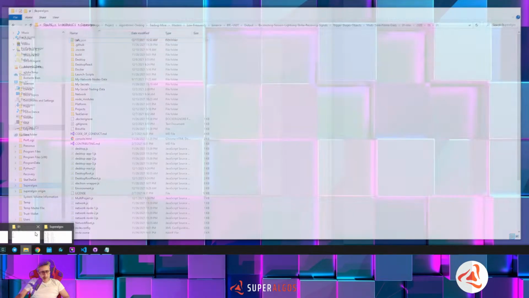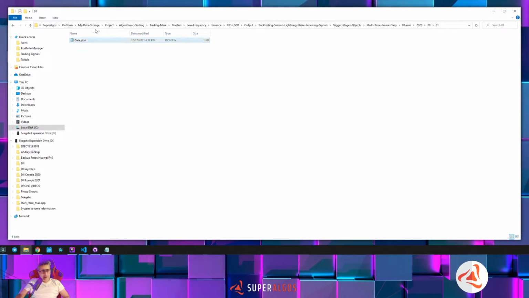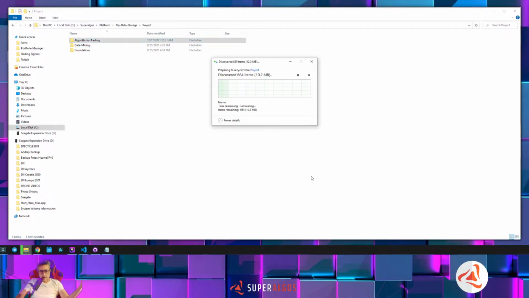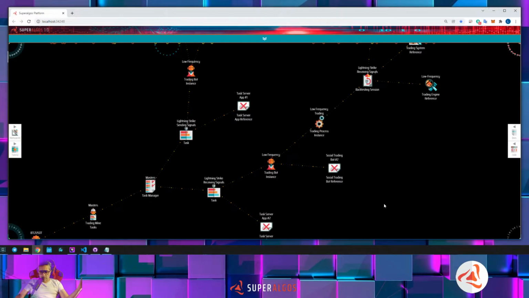It will be useful in this case to delete the information of the trading bots because I want to see what gets recorded and what not.